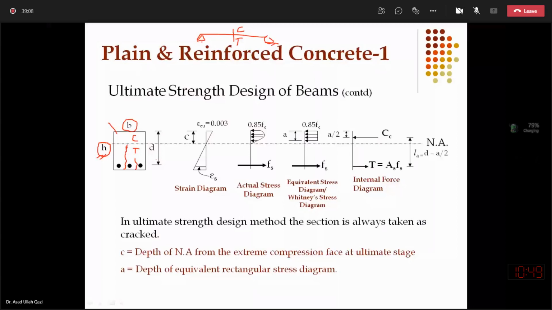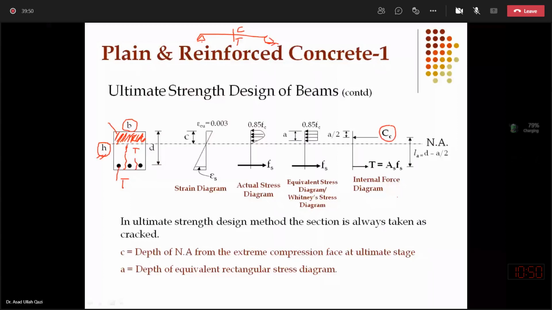So for this cross section at the midspan, we want to investigate how much resultant C force can be developed by the concrete and the resultant T force developed by the steel. Because above this dotted line, the area present is concrete in compression, and the stress in this area multiplied by this area will give me C with subscript C, the compressive force developed by the concrete.